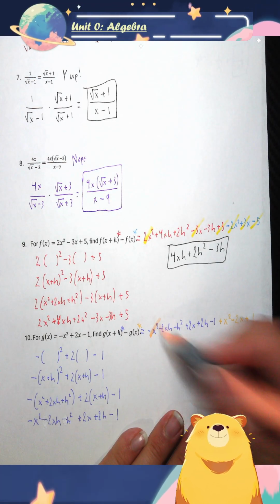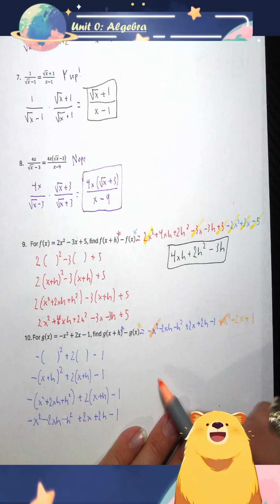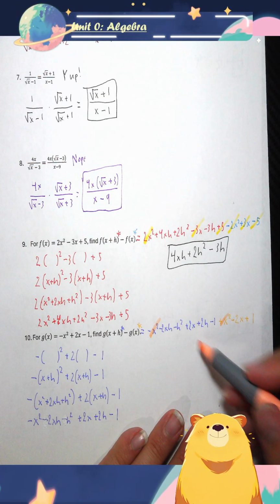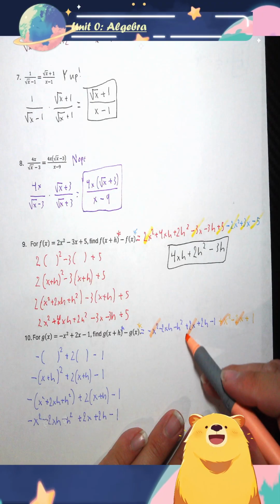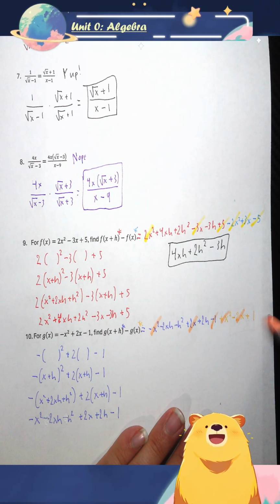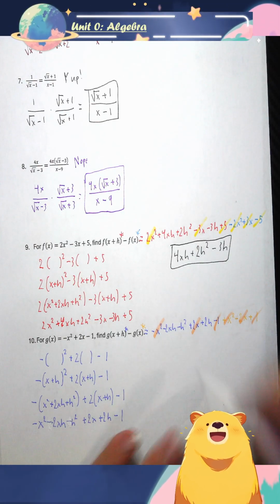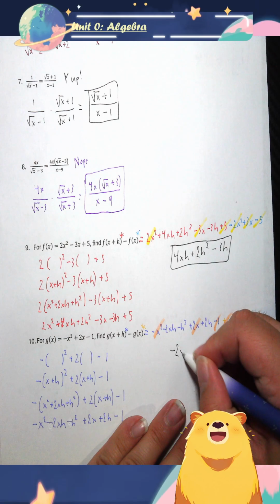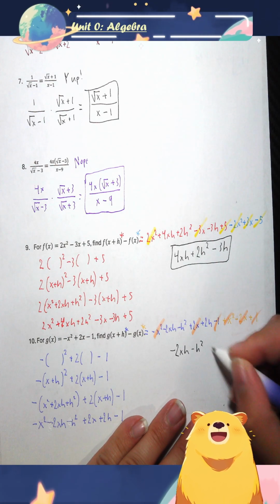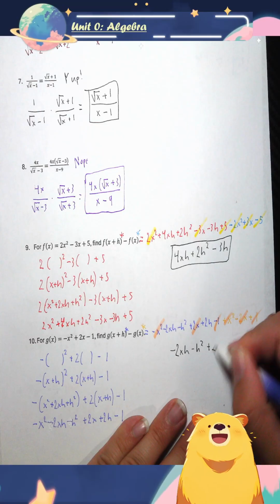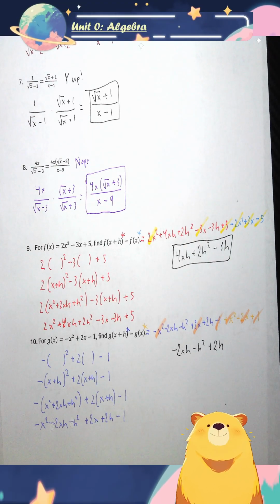We've got two sets of x squared where they both cancel out. We have plus 2x and minus 2x that cancel out, and then the minus 1 plus 1. We're left with our final answer: negative 2xh minus h squared plus 2h.